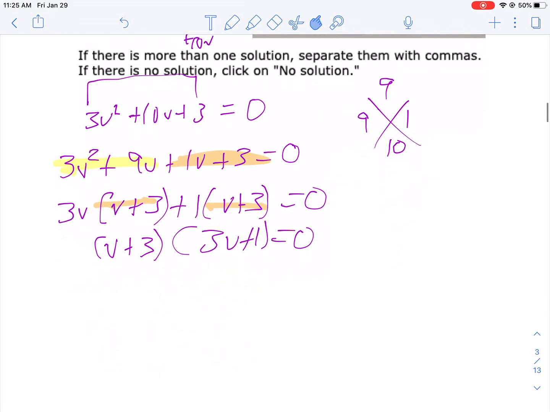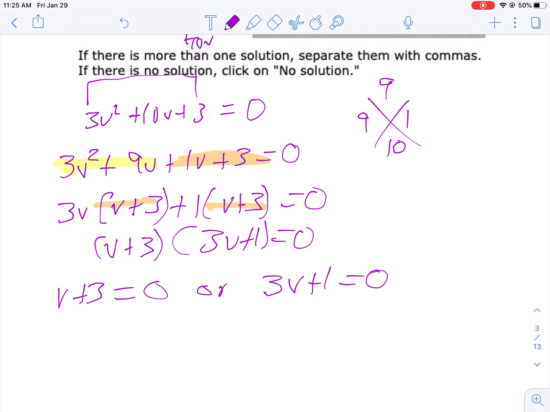At this point, we're going to use the zero product property. So we're going to say v plus 3 equals 0, or 3v plus 1 equals 0. Well, in the first case, what number do you add to 3 to make it 0? Well, that would be negative 3. In the second problem, we've got a two-step equation, so I'm going to subtract 1 from both sides first.